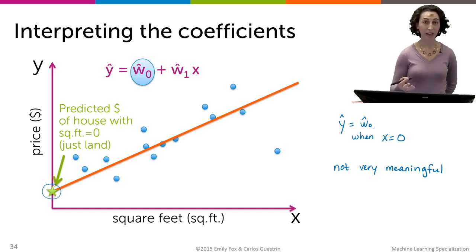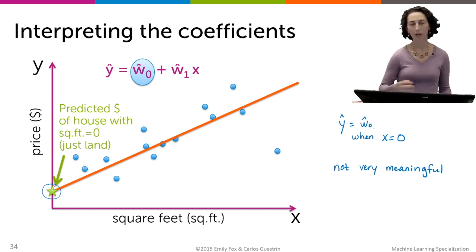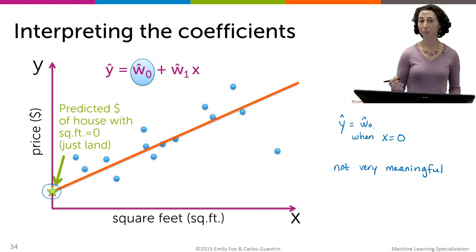So it's saying that for land, you should actually, as the seller, be giving the buyer money to take that land off your hands. But remember that our data set's really noisy. It's not a perfect model of what's going on. So of course we have to think about interpreting our parameters in the context of what we've included in our model.